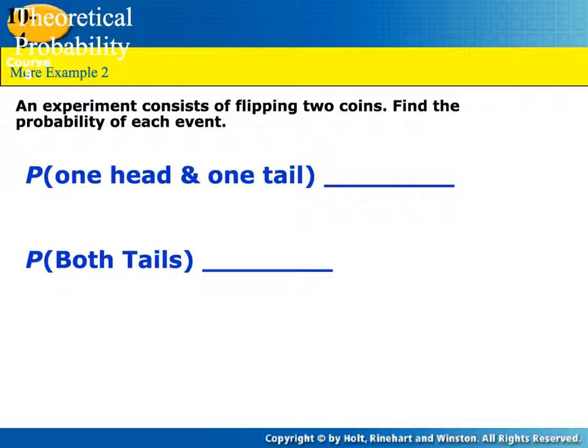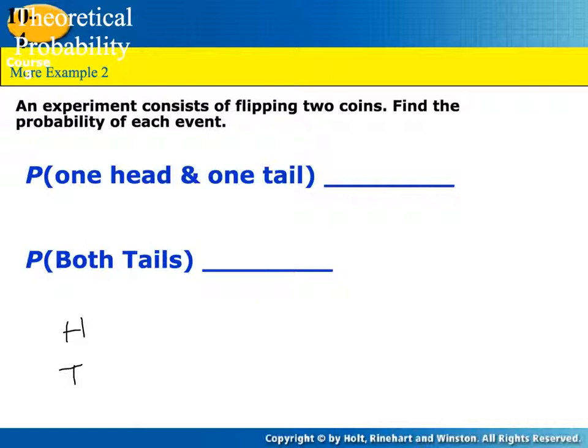Pause now. See if you can answer this problem. All right, so as you look at this, an experiment consists of flipping 2 coins. With these 2 coins, what could you get? If I flipped 1 coin, what could I get? A heads or a tails.